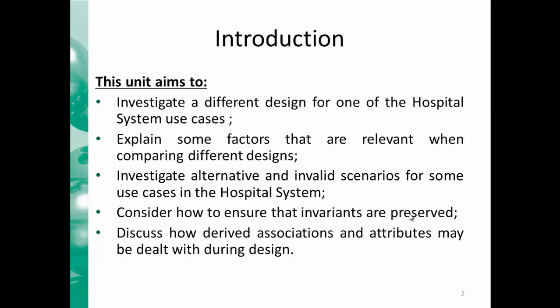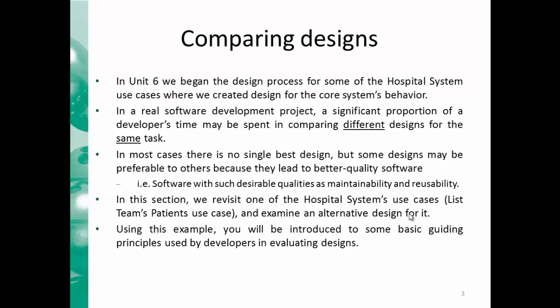We have studied derived associations and derived attributes in the design phase. Now we will discuss how these associations and attributes are dealt with when we are considering the design. Here we need to highlight that the designs we produced in Unit 6 can be revised.